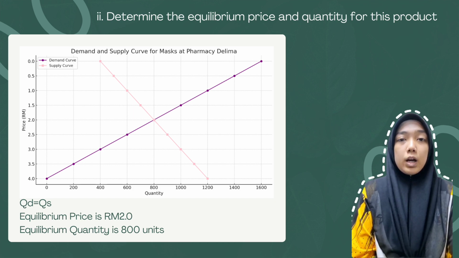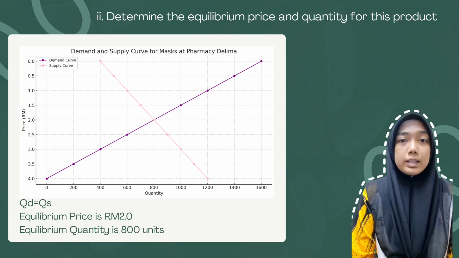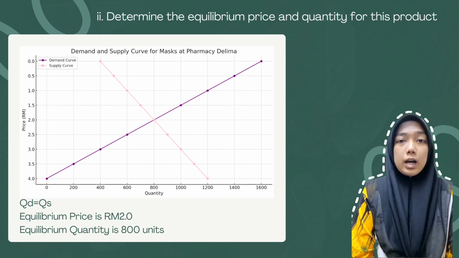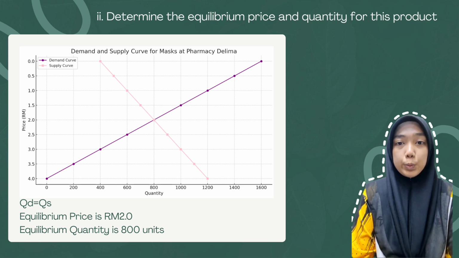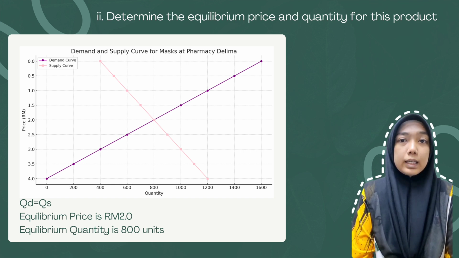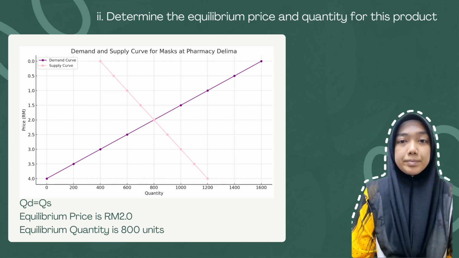If we look at the graph, the collision point on the graph is RM2 and the quantity is 800 units. So the equilibrium price is RM2 and the equilibrium quantity is 800 units.